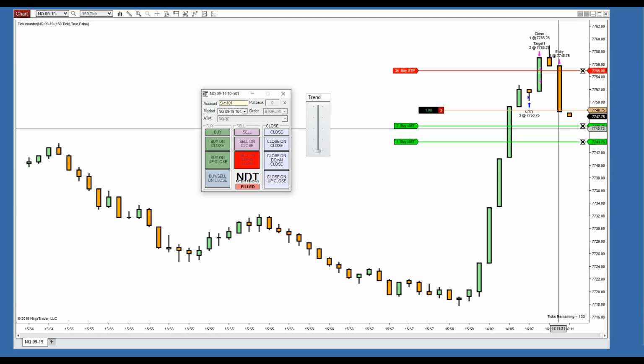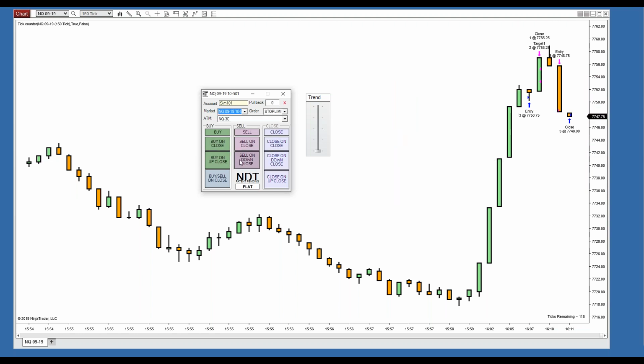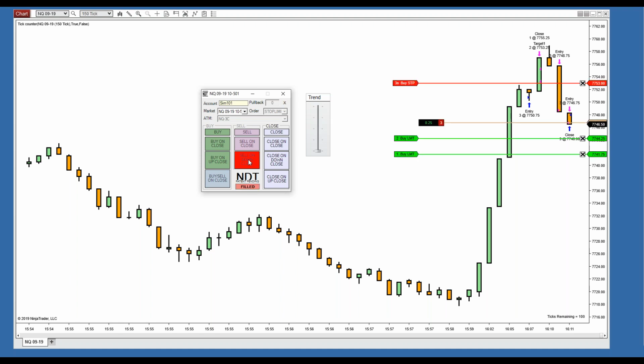And this one, it kind of jumped just a little bit. Let's try it again, and we're going to hit sell a down close. Now I guess Sergio is going to have to configure it a little bit, but what it's going to do is close at the close of the candle to the downside. And I'm not sure why it's not doing that now. Hang on one second.